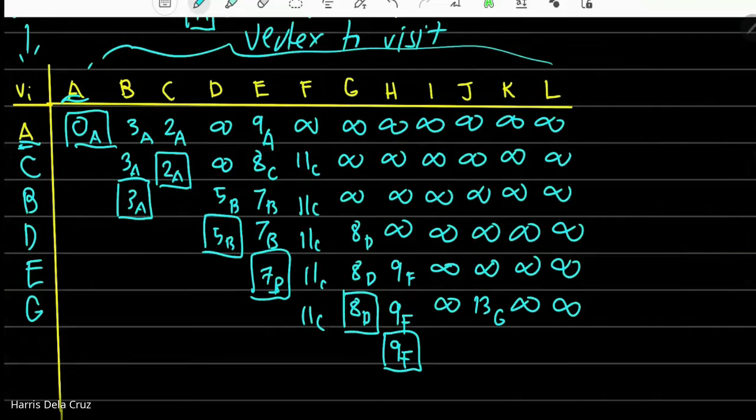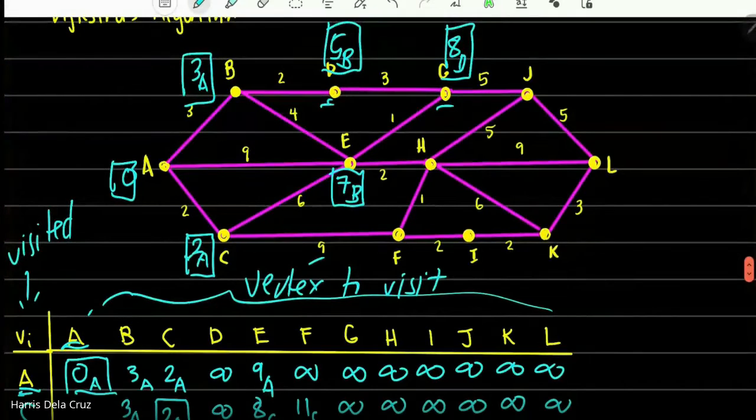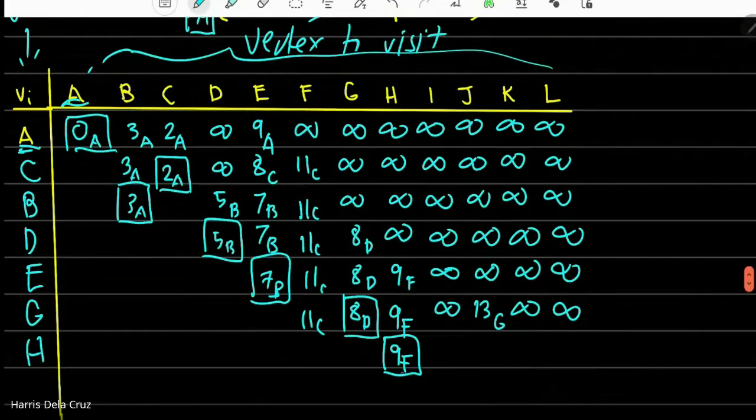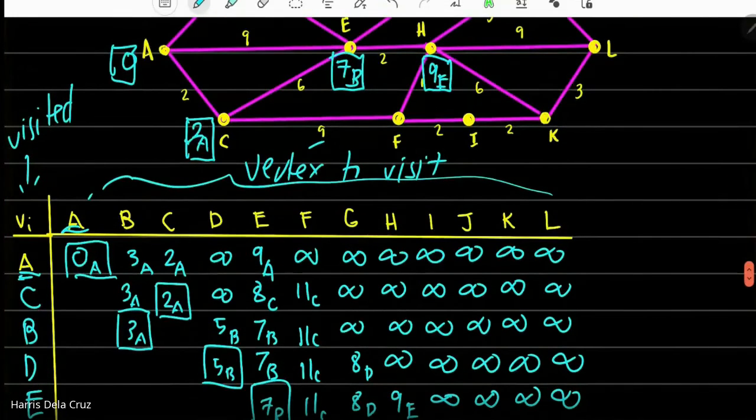So, we're now starting from H. Now, H here, ito. So, 9F. Ay, 9E. Sorry. Tama? 9E. This is from E. From E. Na typo error lang. Yan. Tama?